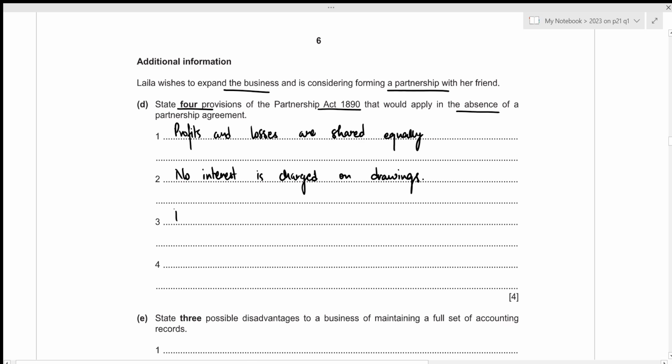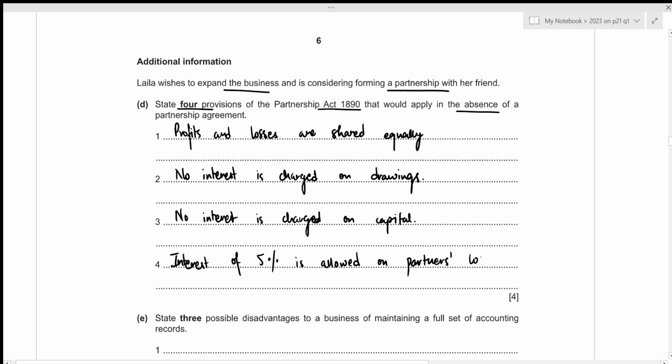Similarly, no interest is charged on capital. Then interest of 5% is allowed on partner's loan. That's all for the fourth part.